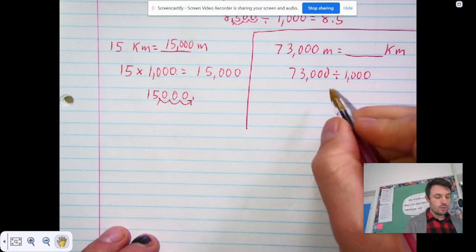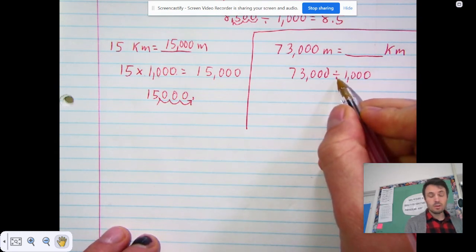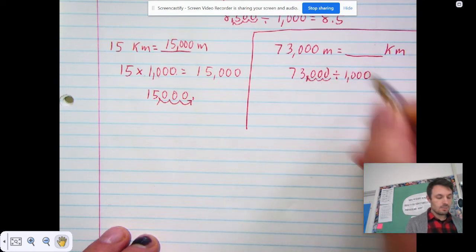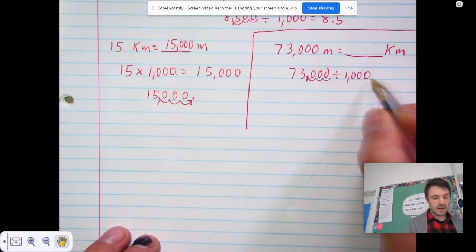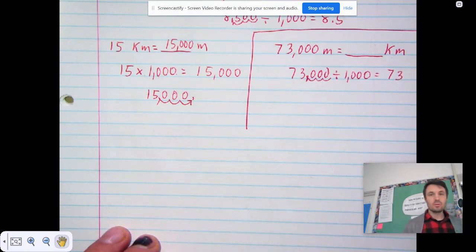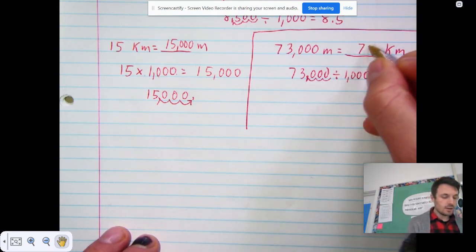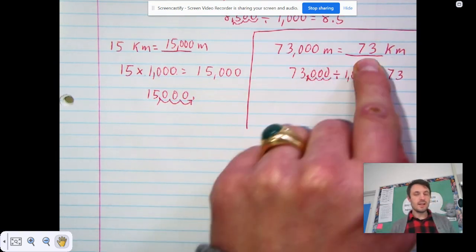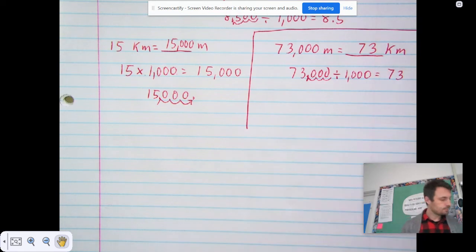And since we're dividing, we're going to move the decimal point over to the left 1, 2, 3 times, because there's 3 zeros in 1,000, and the answer is 73. So 73,000 divided by 1,000 is 73. 73,000 meters is 73 kilometers.